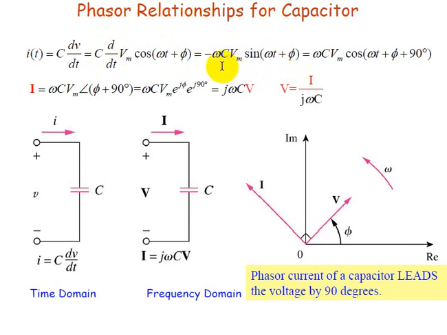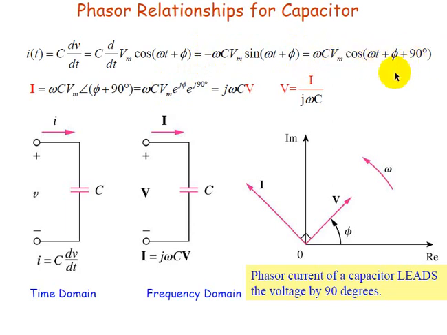Simple differentiation. Now we have got sine. We need to convert this sine function into a cos function by introducing minus cos(omega t plus phi plus 90). So this minus and this minus will make the whole term positive, and it becomes omega C Vm cos(omega t plus phi plus 90).